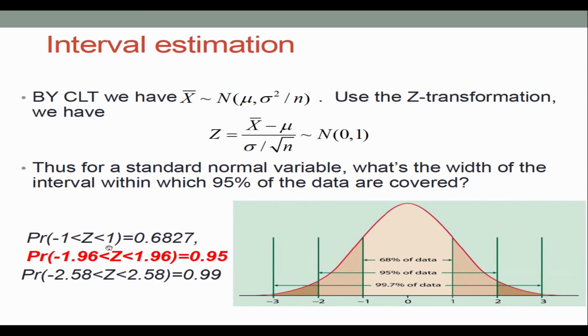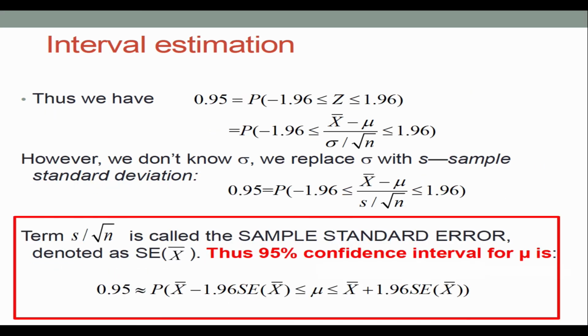Since we know the probability that Z is between -1.96 and +1.96 is 95%, we replace Z by this sampling mean quantity, capital X bar minus mu divided by standard error.